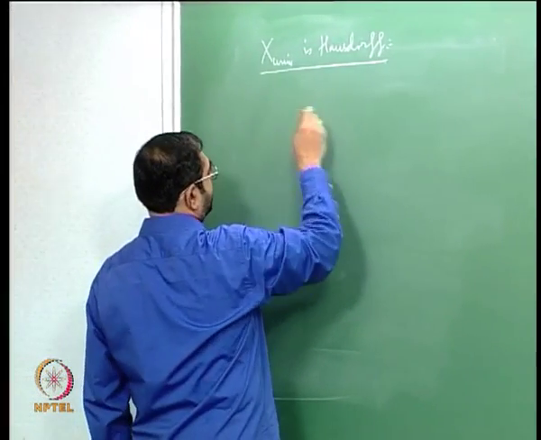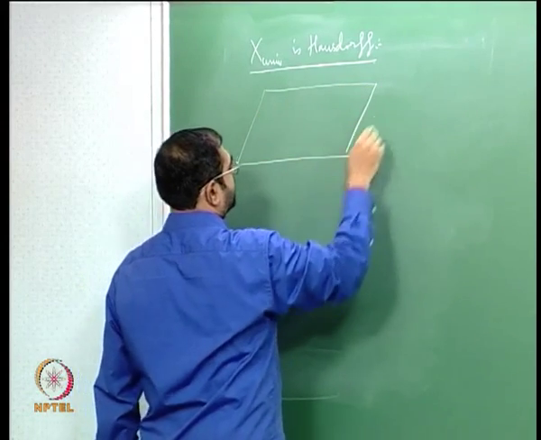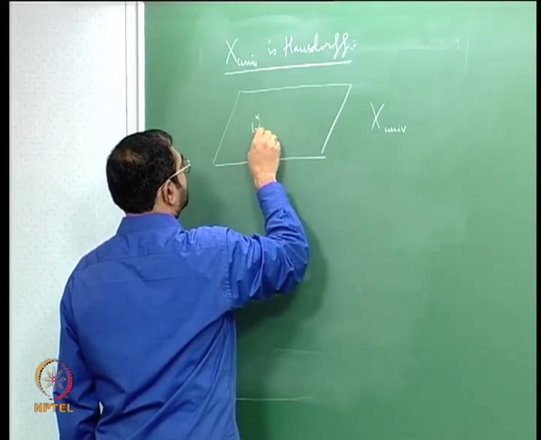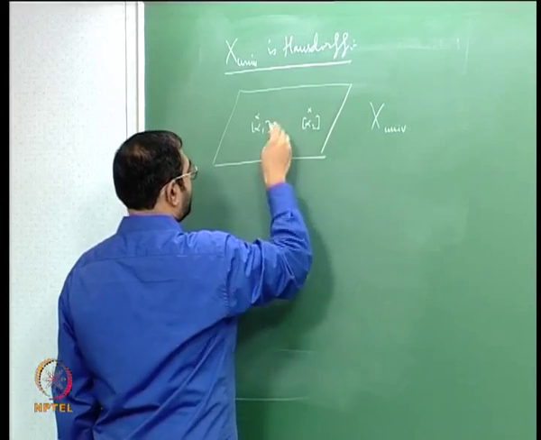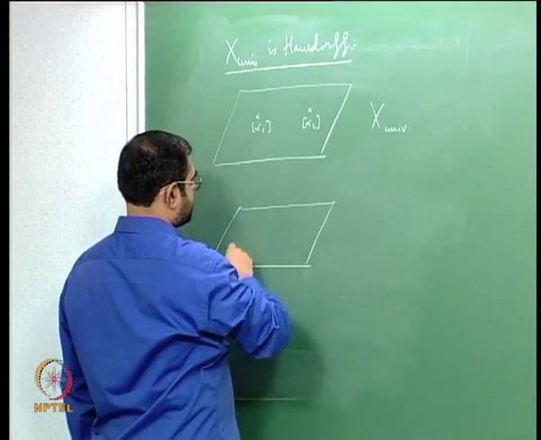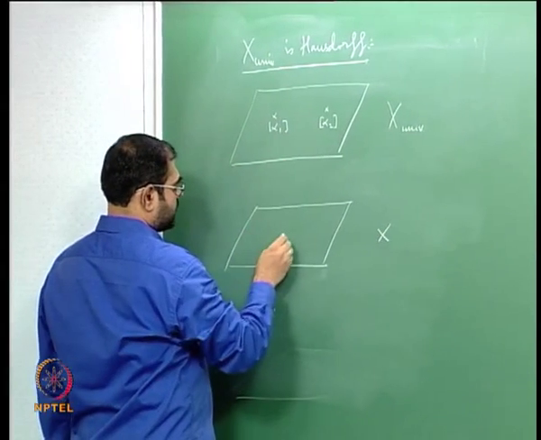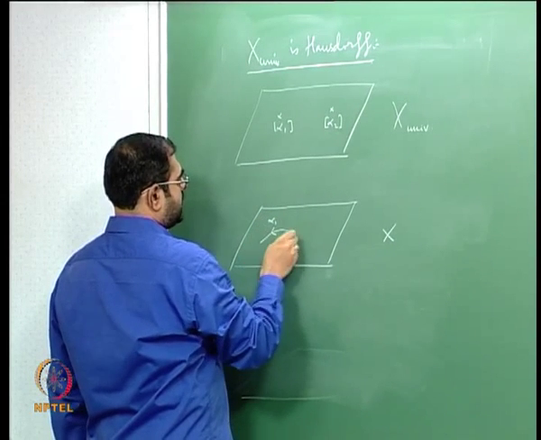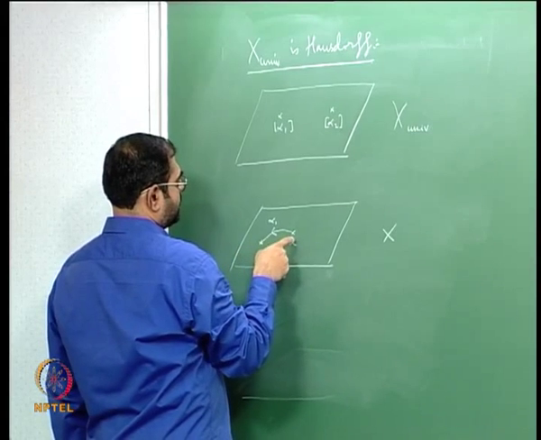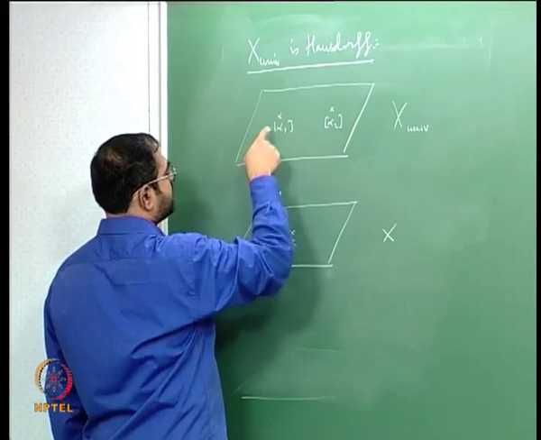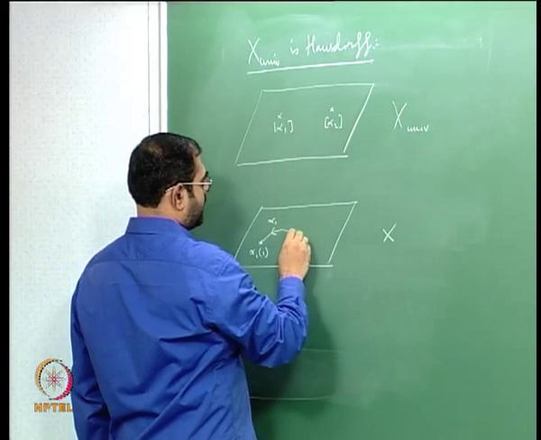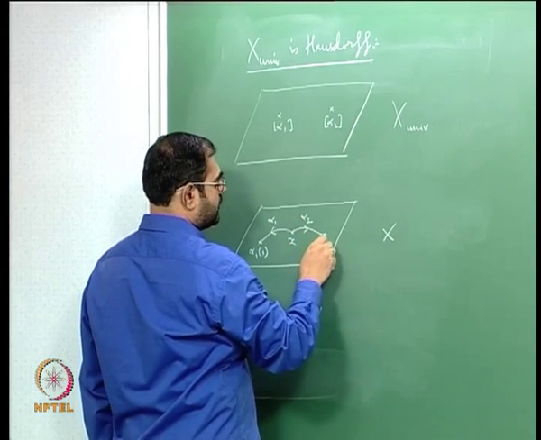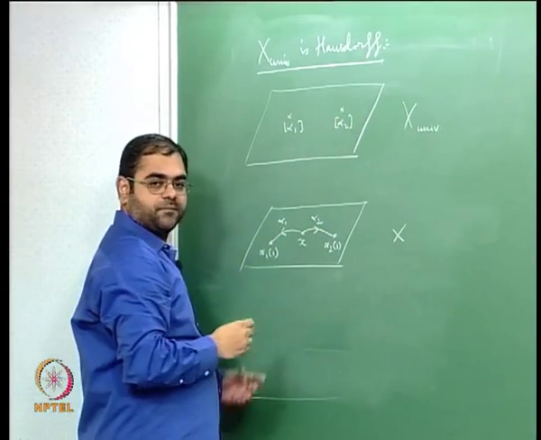So here is my space above, X sub univ, and I have two points, let us say alpha 1 and alpha 2, and they will lie above their endpoints in X. Here is X, the point I have fixed, and alpha 1 is a path from X to alpha 1 of 1, which is the image of this point under P, and then I have another path alpha 2 that will end at alpha 2 of 1.